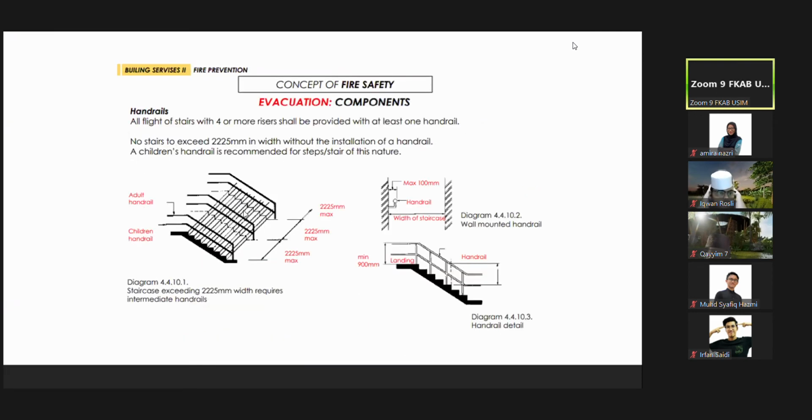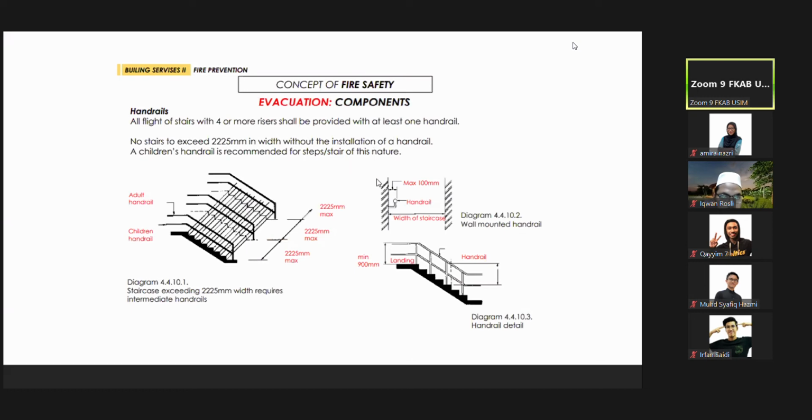Okay, so far, is there any question? I'm about to draw somewhere here. So no staircase to exceed 2225. Okay, is there any question from somebody else?